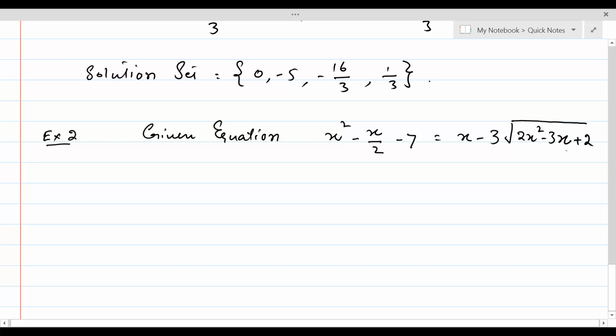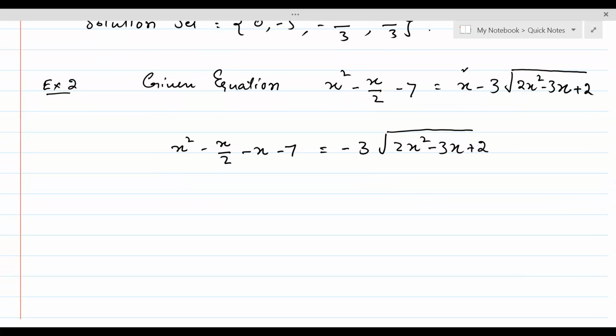Apparently, whatever is inside the square root, we are unable to see it on the left side, but take a look on this x. So we got to move this x on the left side as well. So this will give us x square minus x by 2 minus x minus 7 equal to minus 3 times square root of 2x square minus 3x plus 2.